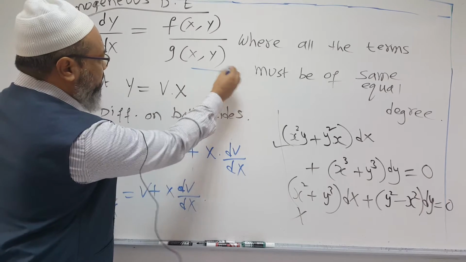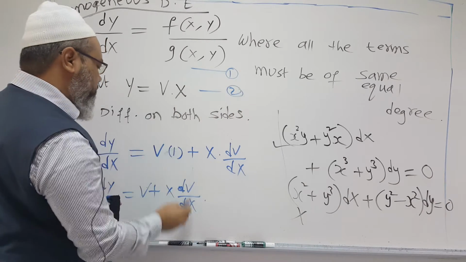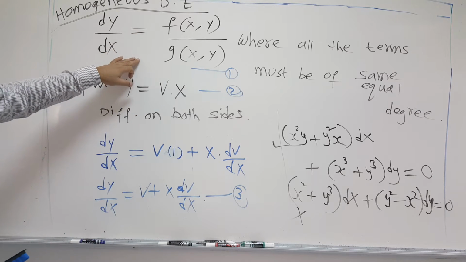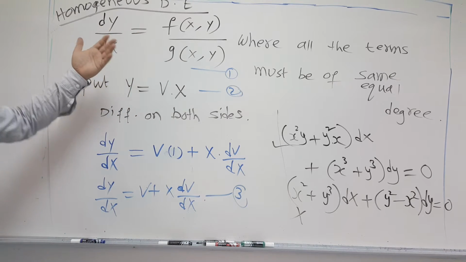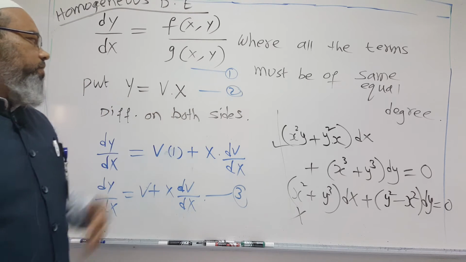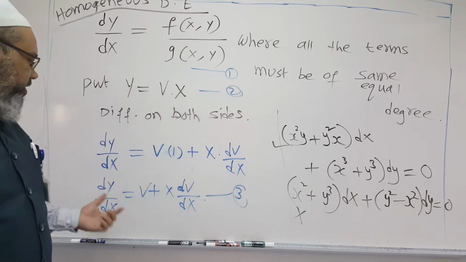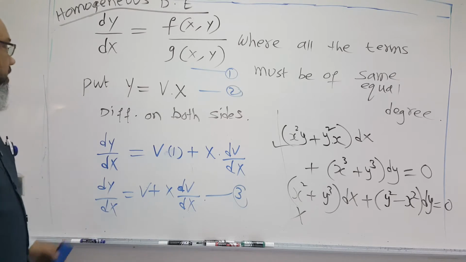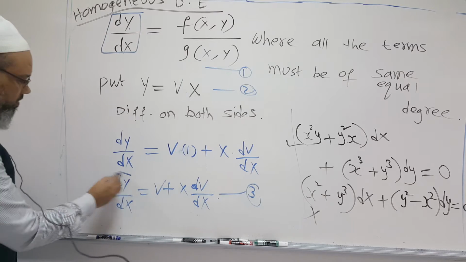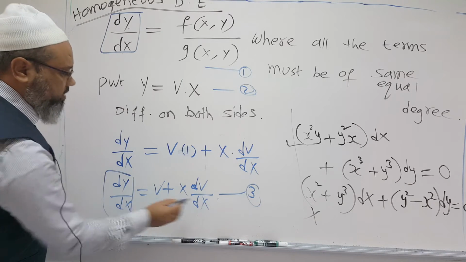So this is the given differential equation. This is our substitution every time for any homogeneous differential equation. We always put y equals Vx and its derivative dy by dx like this. So on the left side, this is dy by dx, and we can replace it with v plus x dv by dx.